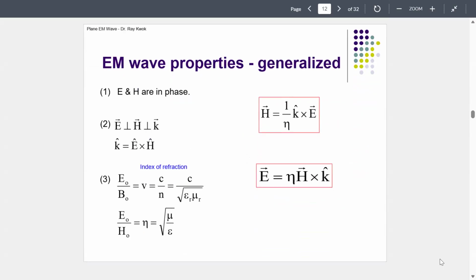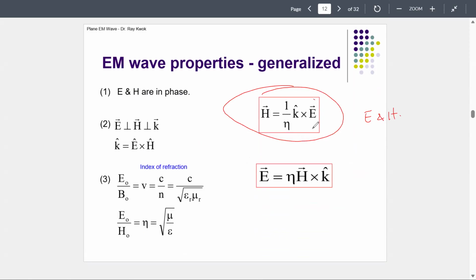even simpler. If you look at these two equations, right? So remember the three rules are, number one, E and H are in phase. So if I write this expression, if I know E is whatever cosine(omega t minus kx), then this one will have the same phase automatically, because all you're doing is a cross product. You're not changing the function at all, right?